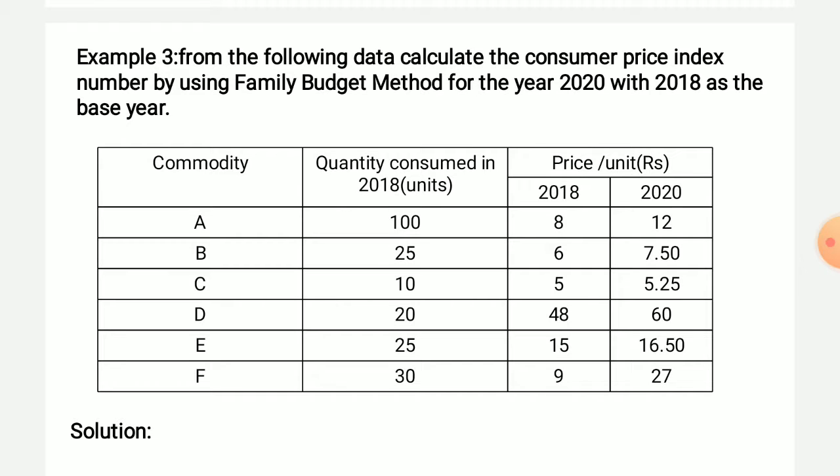From the following data, calculate the consumer price index number by using the family budget method for the year 2020 with 2018 as the base year. So here we have to construct the consumer price index number according to the family budget method for the year 2020 with base year 2018.